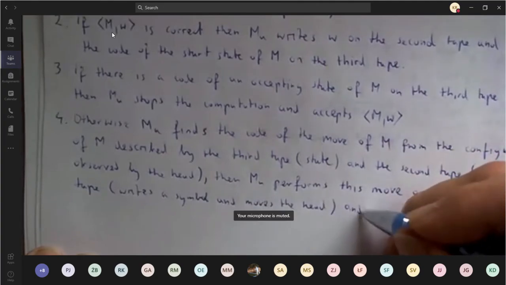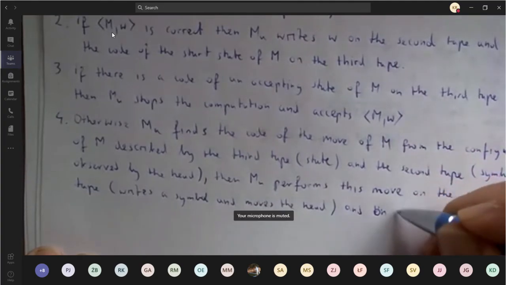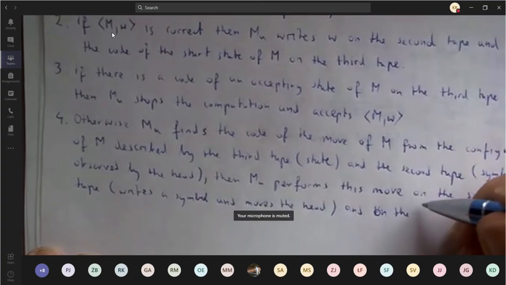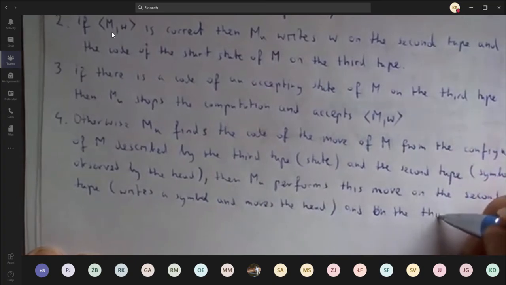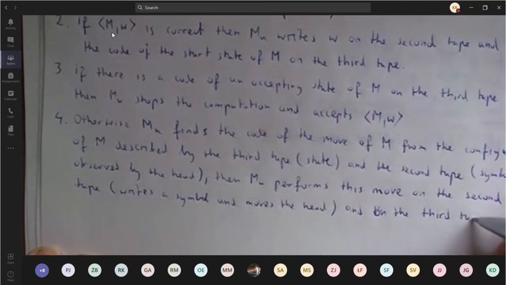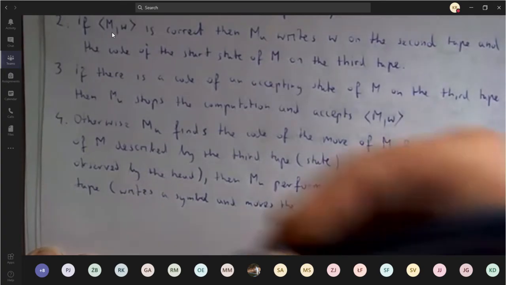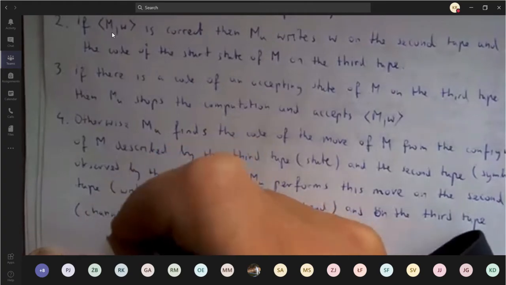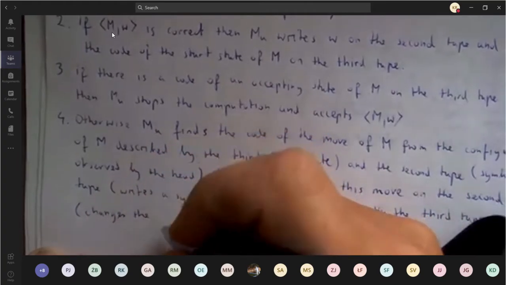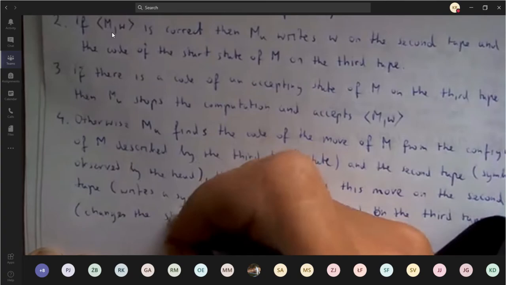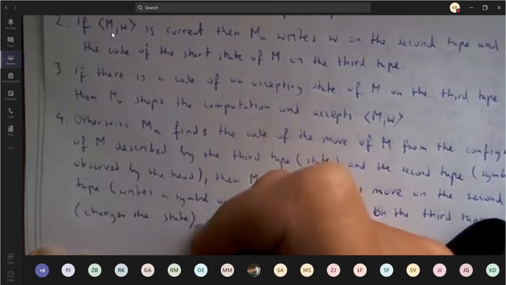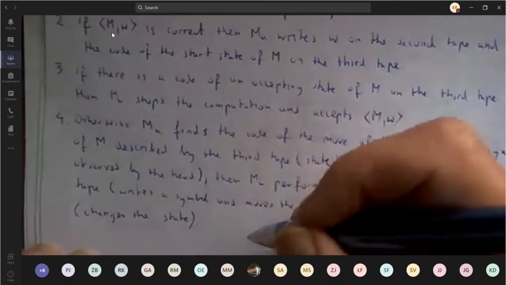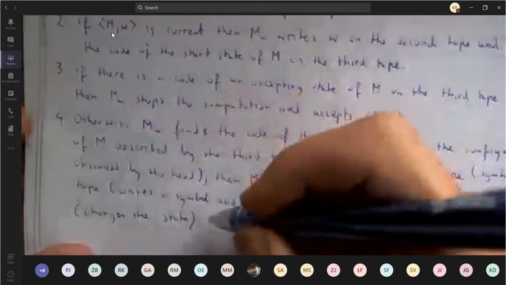And on the third tape, it changes the state according to the value of the transition function. Okay, and goes to the third point.